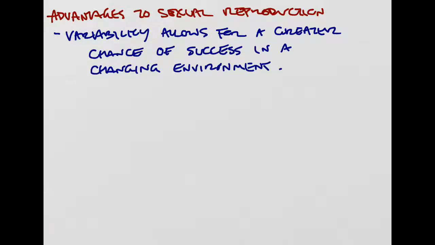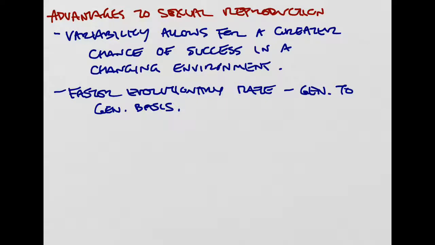The second component, the second advantage, is that there's a faster evolutionary rate on a generation-to-generation basis. Again, just to reinforce this concept, since an asexually reproducing organism must rely on mutations in order to have a new set of genes that might confer an advantage.